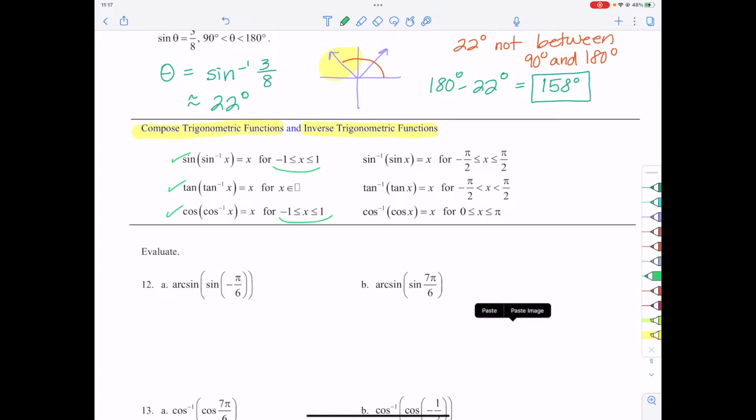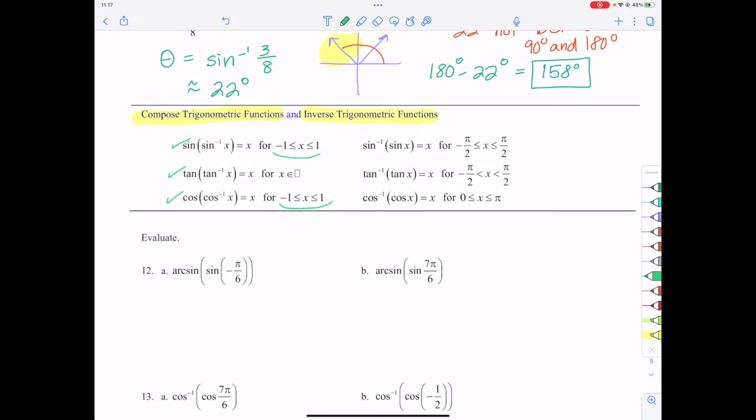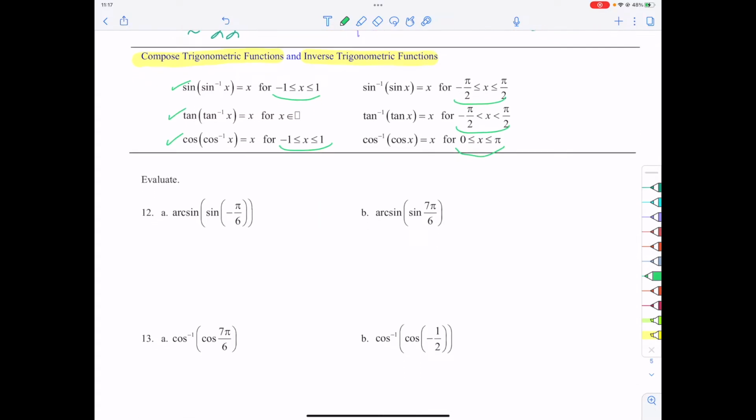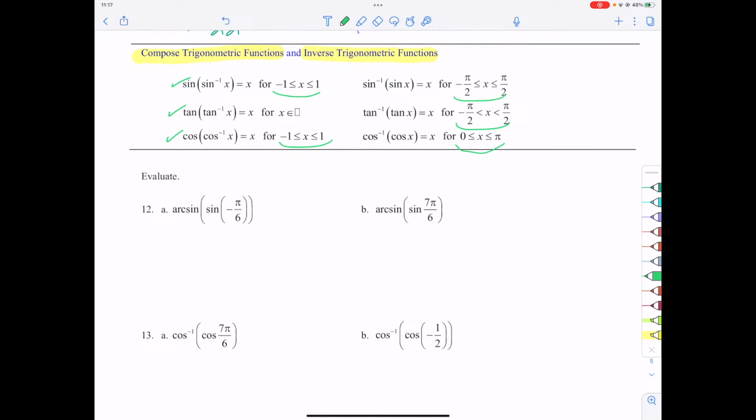Okay? So now we notice that the sine and the tangent and the cosine, when we take the inverse of those functions, sine, tangent, and cosine, we need to make sure that x is between -pi/2 and pi/2. So let's go ahead and see what happens when that is the case and when it might not be the case.